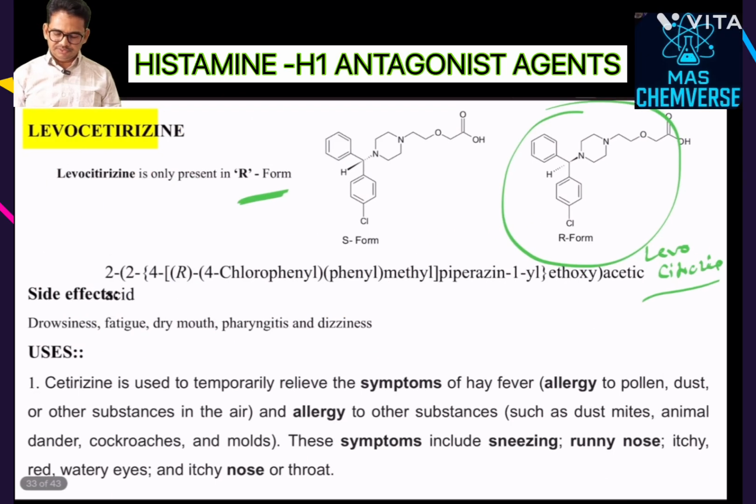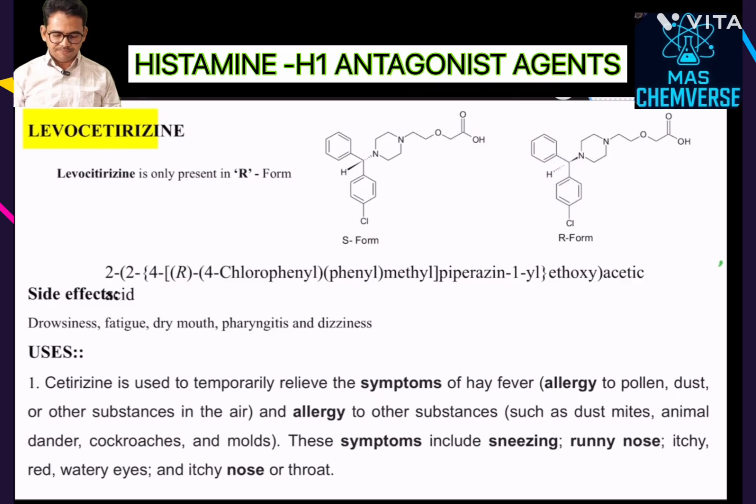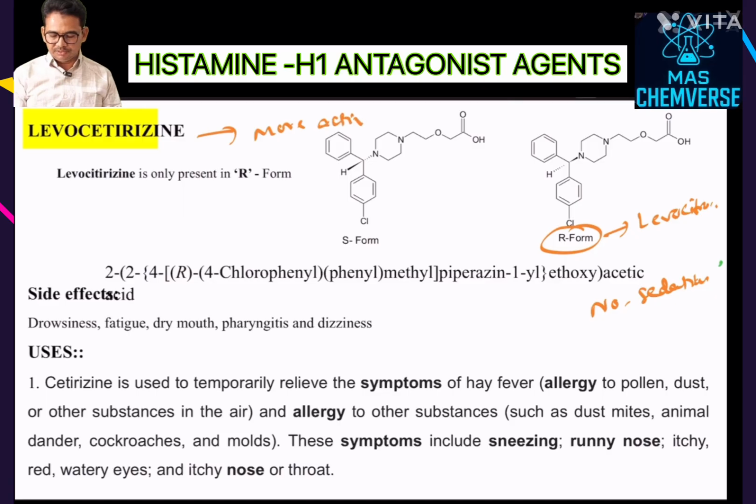But in the case of levocetirizine, you can see levocetirizine is present only in the R form. R form means levocetirizine. No sedation. Another thing is that levo is more active than cetirizine.